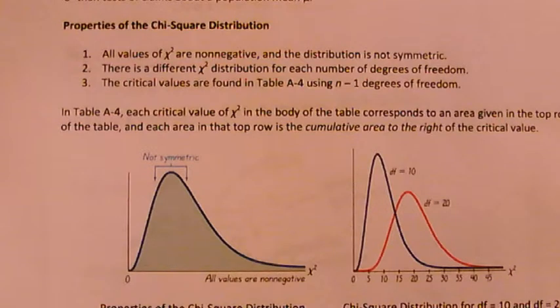And then your critical values are found in table A-4 using n-1 degrees of freedom. Now, if you are using the critical value approach, then you can use table A-4. However, the problems that we're going to be doing in this video and on the homework only require the p-value approach. So we'll be using the TI-83 or 84 plus graphing calculator.